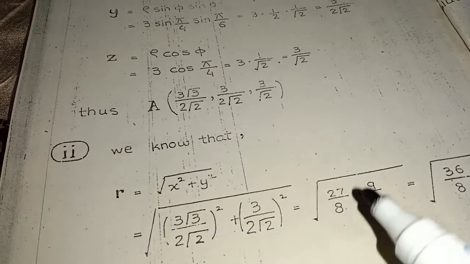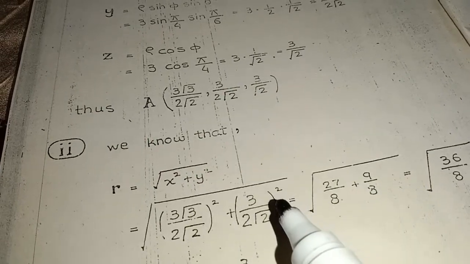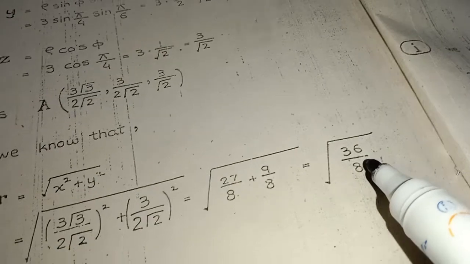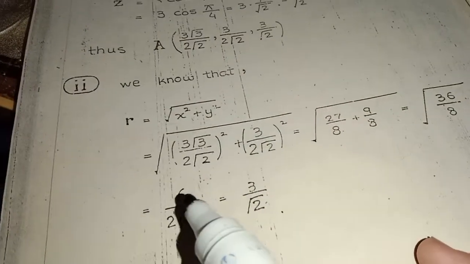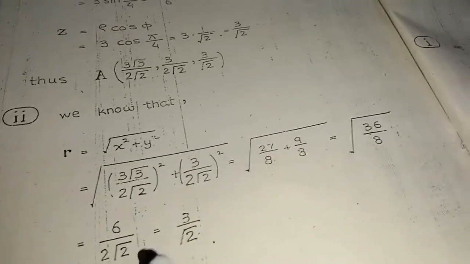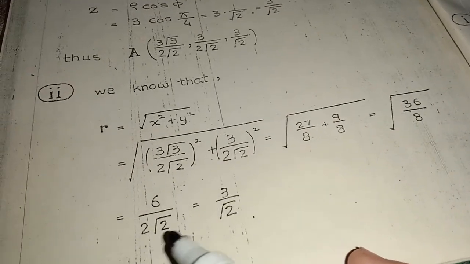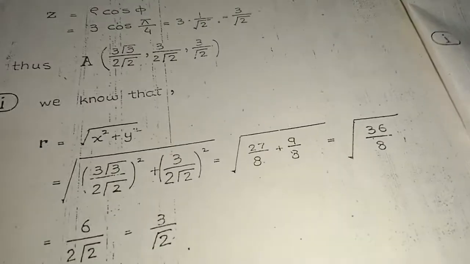This square will result 27 by 8 and this square results 9 by 8. Taking LCM and solving it, it is 36 by 8 under root. Square root of 36 is 6 and square root of 8 is 2 under root 2, so it is 3 by under root 2. So r is equal to 3 by under root 2.